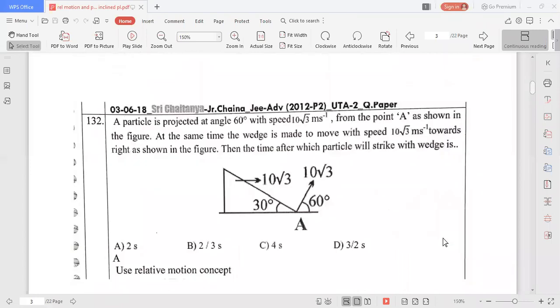Now you see this problem. This is one different problem, problem number 132. You read the problem. A particle is projected at an angle 60 degree with the speed 10 root 3 meter per second from a point A as shown in the figure.